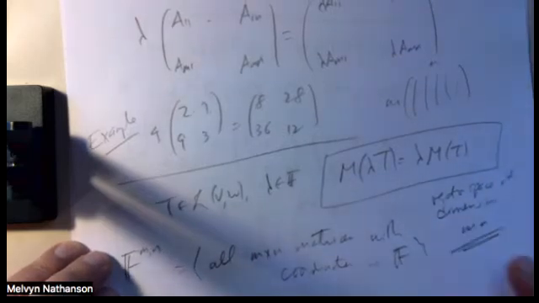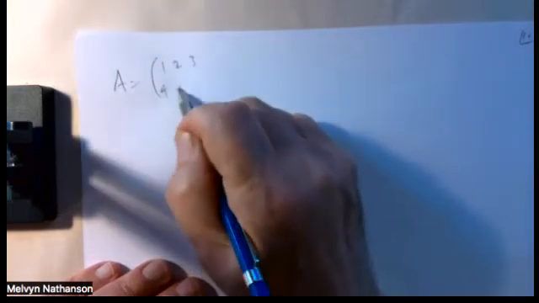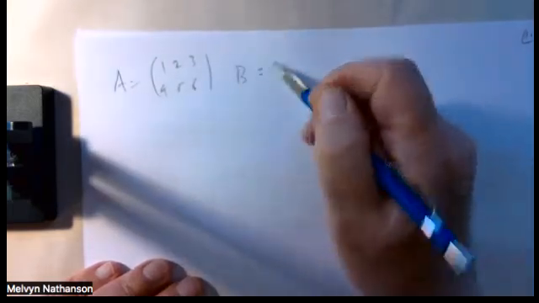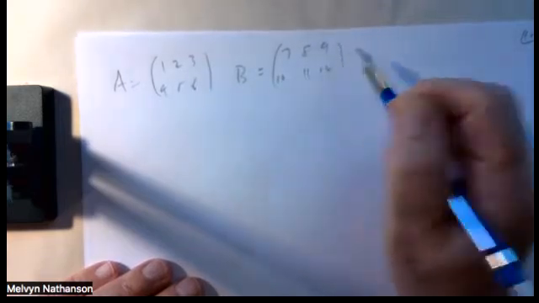All right, now we can add matrices, and it's a natural question to ask if you can multiply them. Maybe there are many different ways you could define a multiplication, and you want to figure out the correct multiplication. If you have two matrices, let's say A is a 2 by 3 matrix, 1, 2, 3, 4, 5, 6, and B is another 2 by 3 matrix, 7, 8, 9, 10, 11, 12.